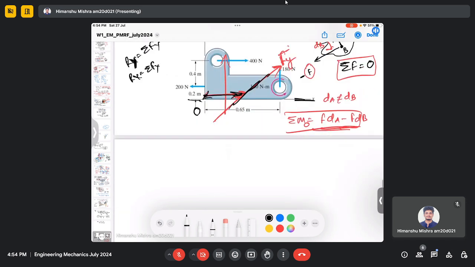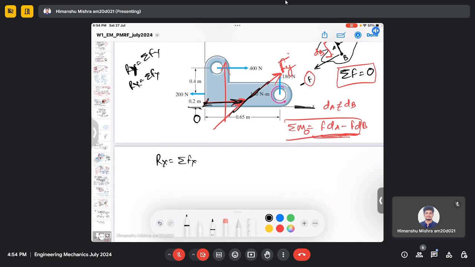By using the summation of force equation, I can write Rx as the summation of all the forces in the x direction. Here we don't need to take components because forces are either vertical or horizontal. So Rx is 400 minus 200, so it is 200 Newton. And Ry will be 180 Newton.